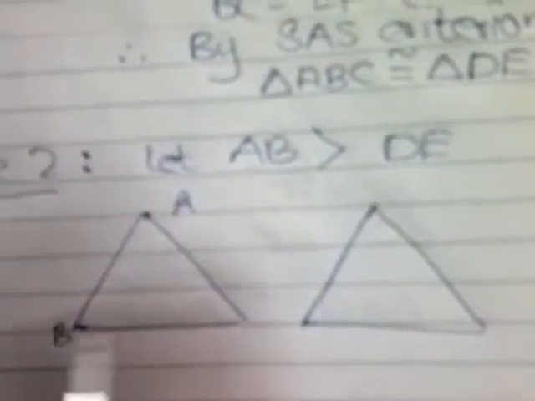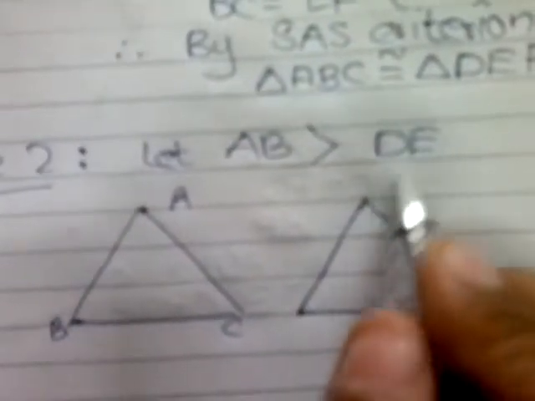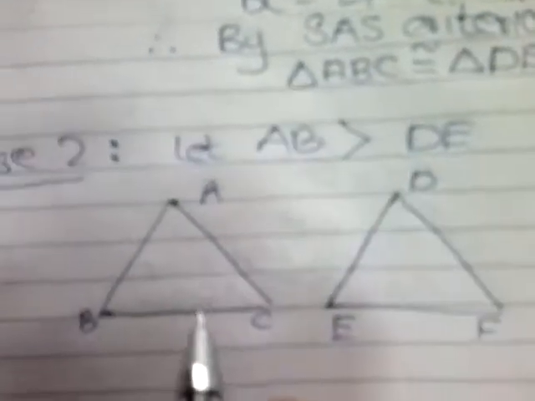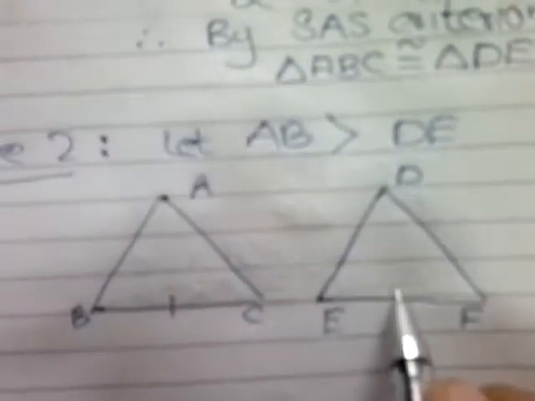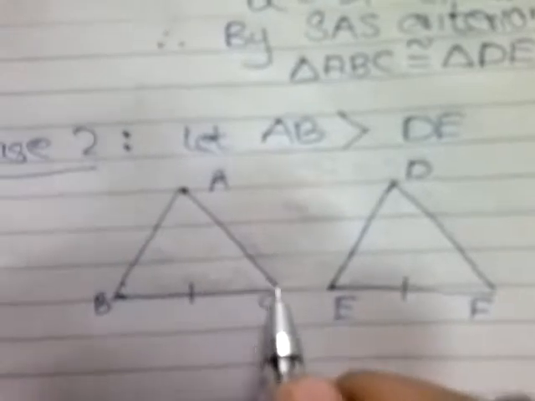A, B, C, D, E, F. Okay, now given that BC is equal to EF and these two angles are also equal, that's given. Angle B is equal to angle E.